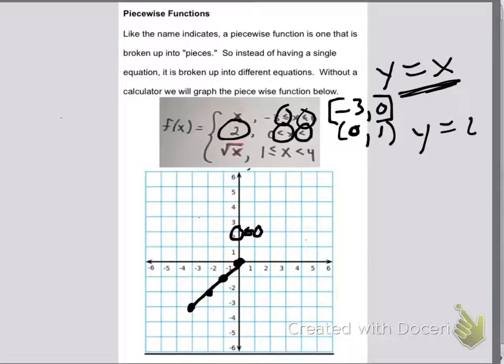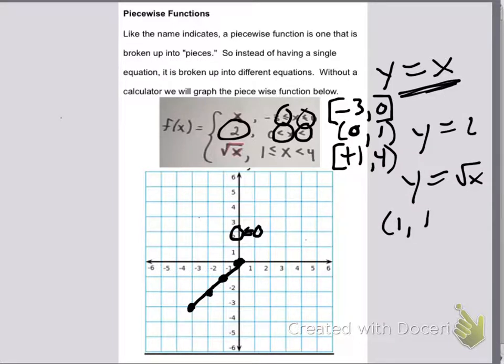That's what that means. Now, the last one includes 1, but not 4. And we're talking about y equals the square root of x. It should be +1. Okay, so I plug in 1. Square root of 1 is 1. So at 1, 1, there's a point.